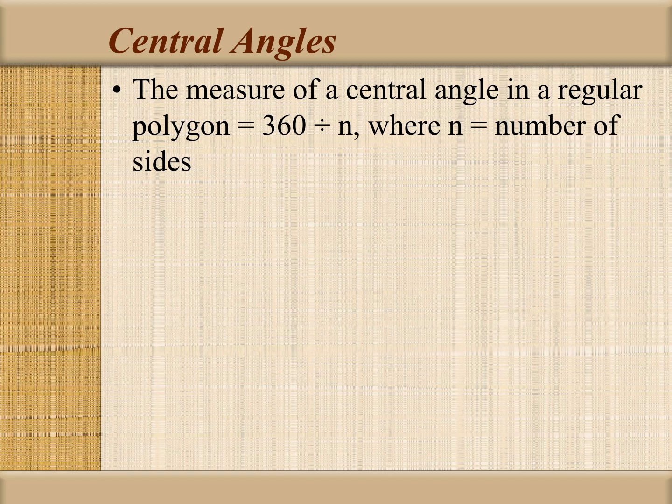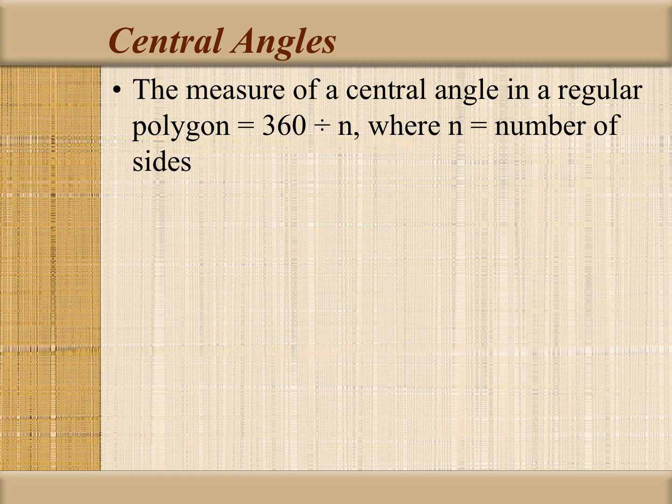Okay, bring it back. So we now have to talk about something called central angles. The central angle of any regular polygon is 360 divided by n, where n is what? The number of sides.